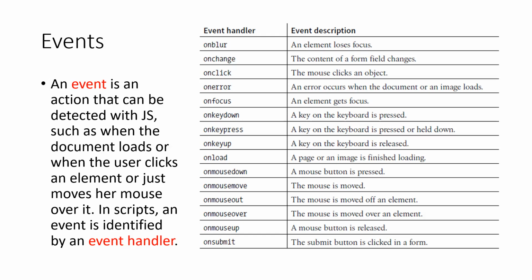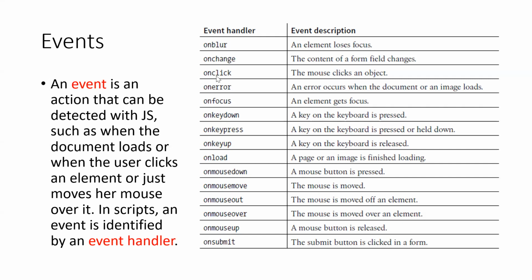Now, for example, if you go down here, we say there's an event handler called onload, which means a page or image has finished loading. So especially when the document is loading, you can trigger that.